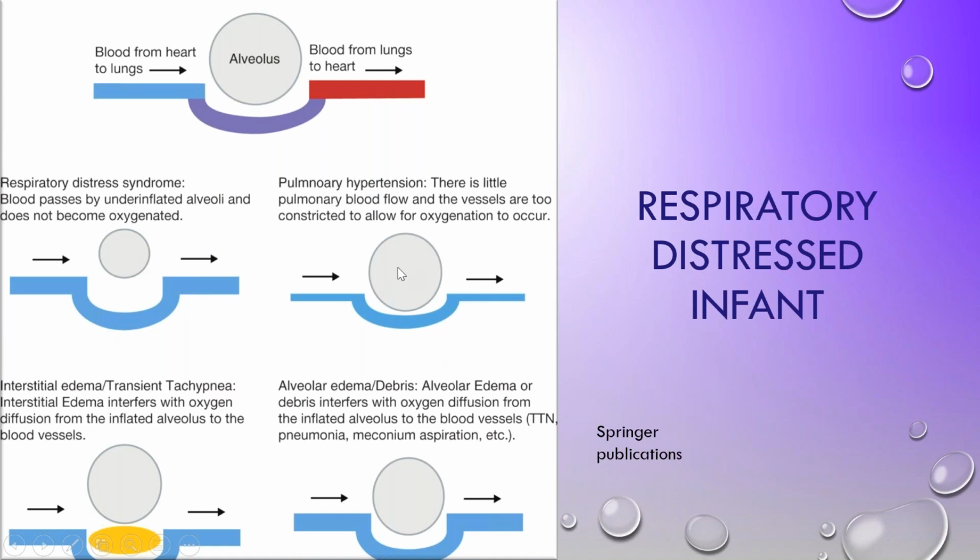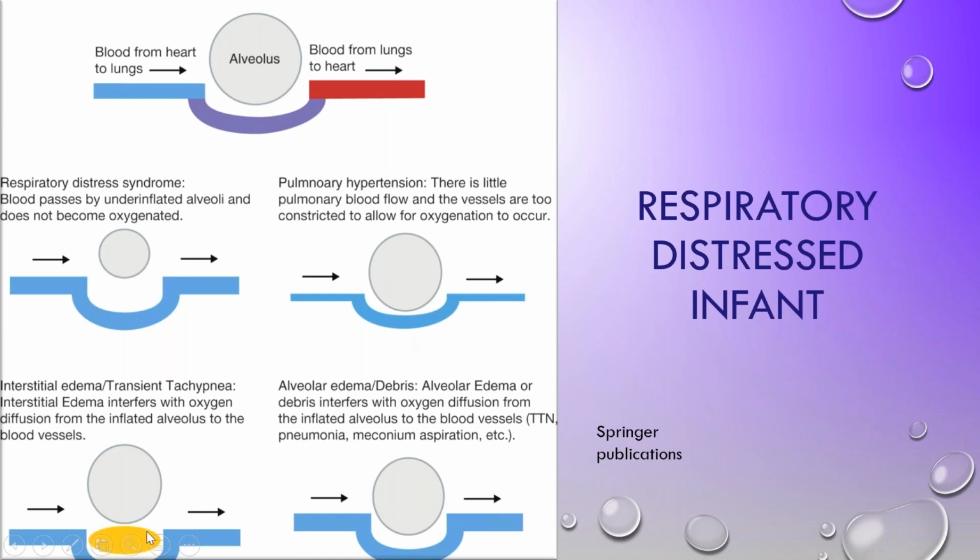In pulmonary hypotension, what we are seeing here is that there's very little blood flow coming in, and so the gaseous exchange is not going to happen properly. Interstitial edema or transient tachypnea.